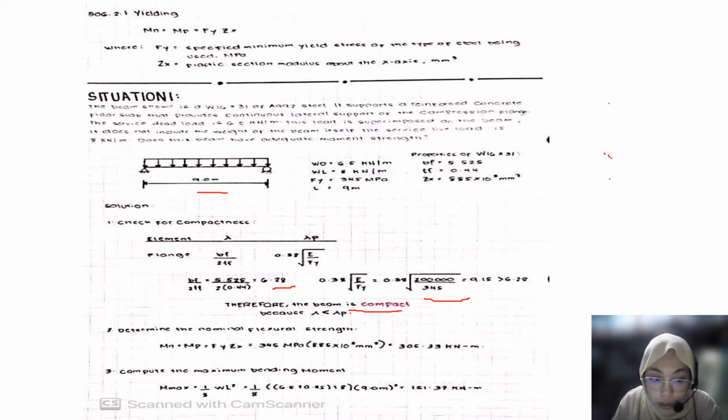And the third step is to compute the maximum bending moment. And yung formula natin dyan ay 1 over 8 multiplied by the w, multiplied by the L raised to 2.